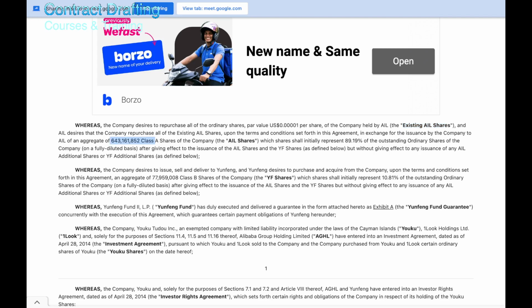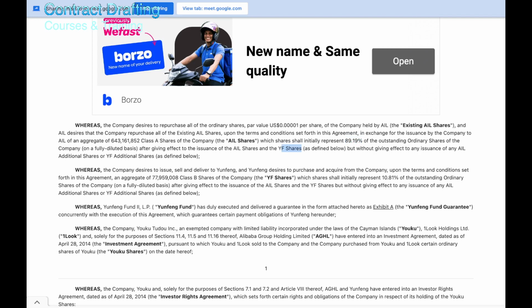So what they are doing is that there is an ordinary share of certain value which is owned by AIL, which the company will buy, and they will issue this number of class A shares, a different class of shares than the ordinary shares, which shall initially represent this percentage of the outstanding ordinary shares of the company on a fully diluted basis after giving effect to the issuance of the AIL shares and YF shares as defined below, but without giving effect to any issuance of any AIL additional shares or YF additional shares.